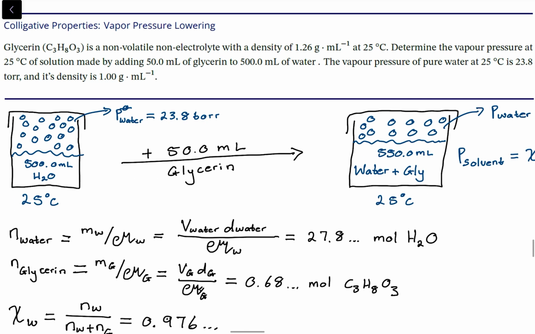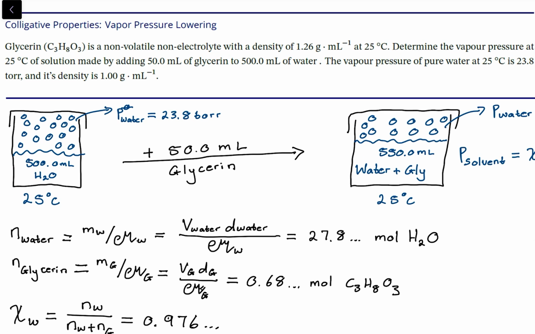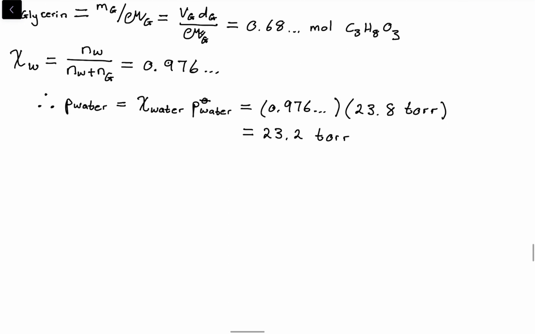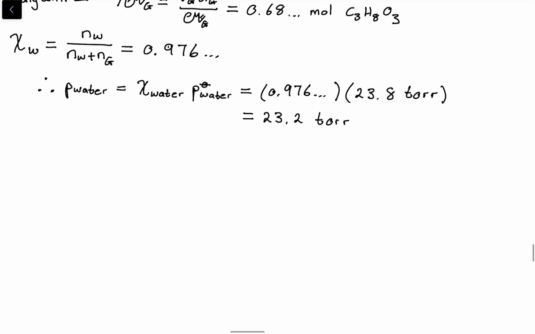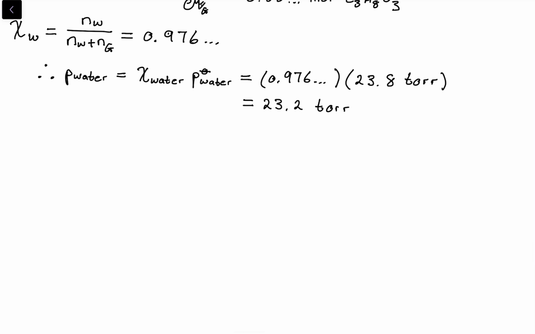Doesn't specify what unit, but you can leave it in the unit as given. There is another way to do it. Essentially we see there's a drop in vapor pressure. Why?